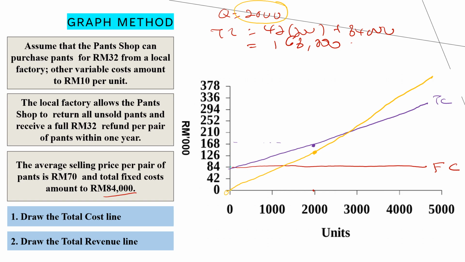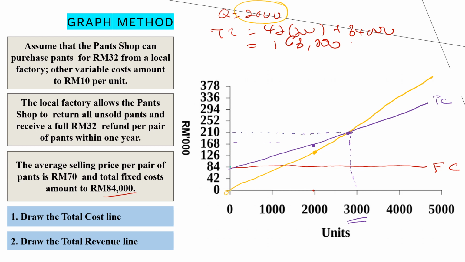Okay, from this you can find out that the intersecting line is the break-even, here. So when you see the break-even here, how much is it? Okay, it's 3,000 units. And then you can know the value also from here.